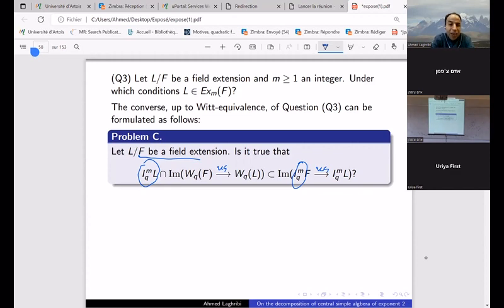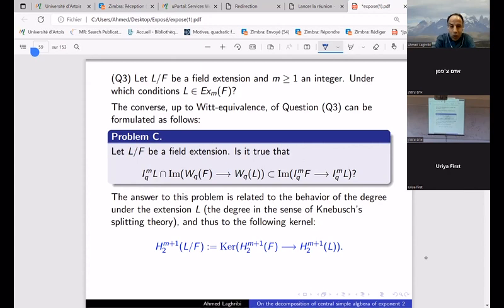This problem is related to another one, so this is the comment that I add. The answer to this problem is related to the behavior of the degree under the extension L. Which degree am I talking about? I mean the degree in the sense of Knebusch's generic splitting theory. When you take a quadratic form, you associate two numerical invariants, the height and the degree.